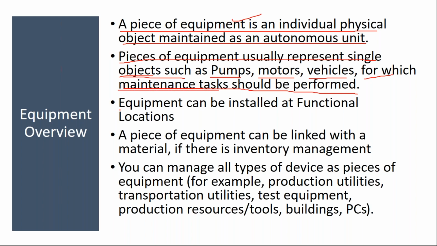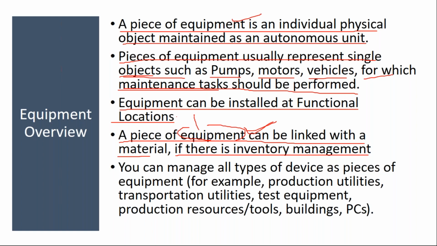Equipment can be installed at a functional location. This I will show in the system. A piece of equipment can be linked with a material if there is inventory management. This we will see tomorrow when we go to the serial numbers topic. So the same equipment can be created as a material to have the inventory management, which we will see tomorrow.